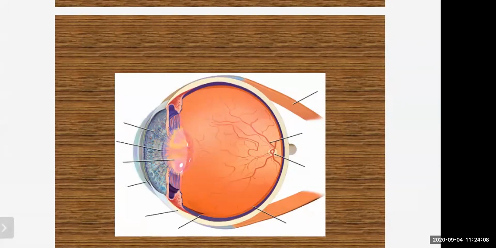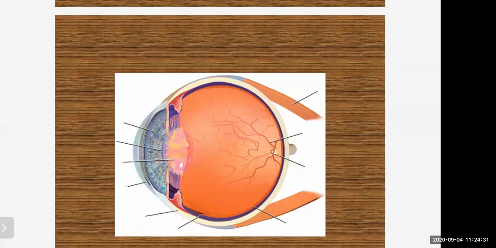While seeing objects at large, infinite distances, the lens of the eye will become flat and its focal length will increase. Whereas if you are seeing a nearby object, what will happen to the lens? The lens will become round, and its focal length will decrease. So this way we can see objects clearly irrespective of the distance.